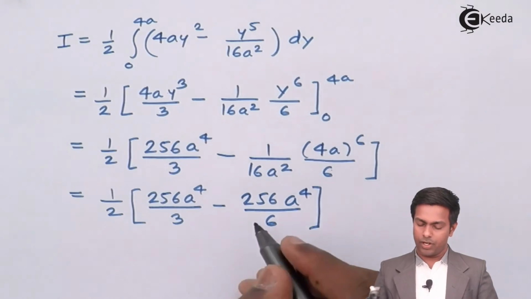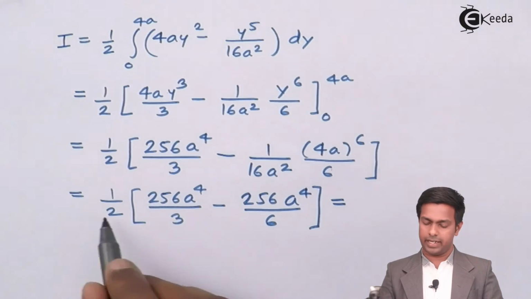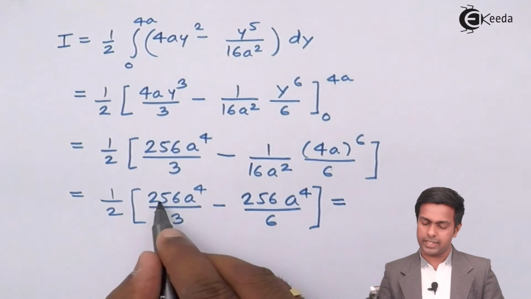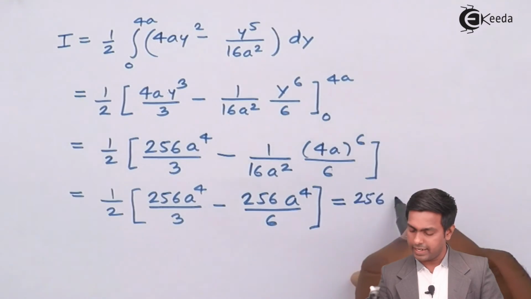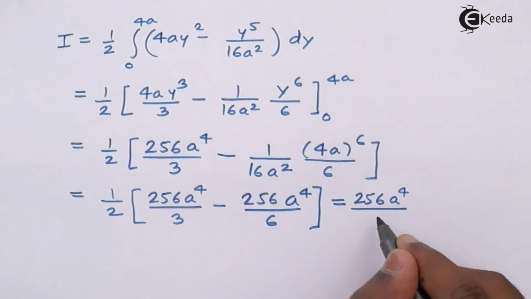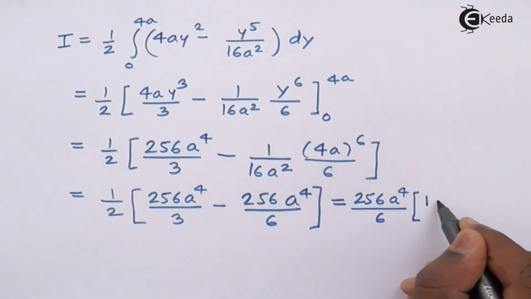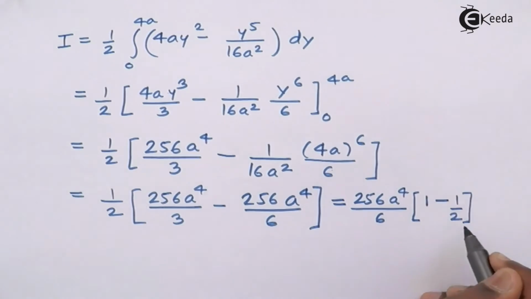Next, here we can take 256 common outside, a raised to 4 outside and 3 outside. So we will get 256 a raised to 4 upon 3 outside, and already we have 2. So 3 into 2 is 6. Now let's see what remains in the bracket. From here 1 will remain, minus, from here 1 upon 2 will remain, because we have taken 1 upon 3 outside.